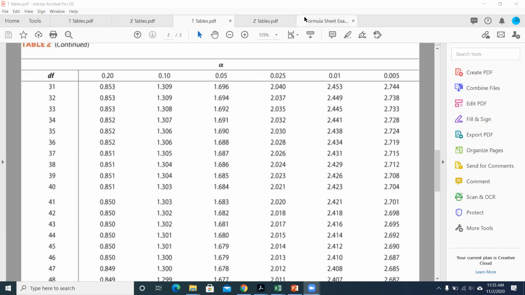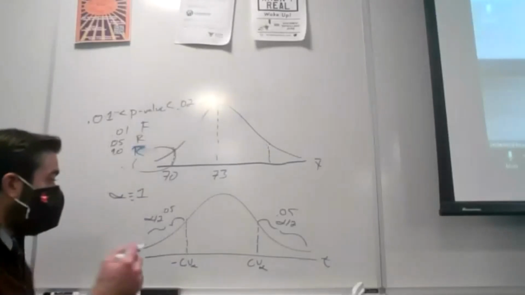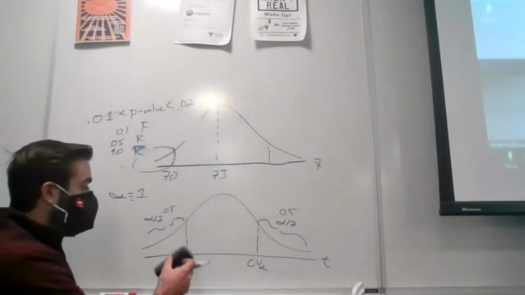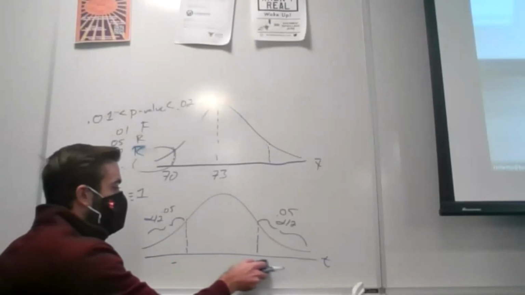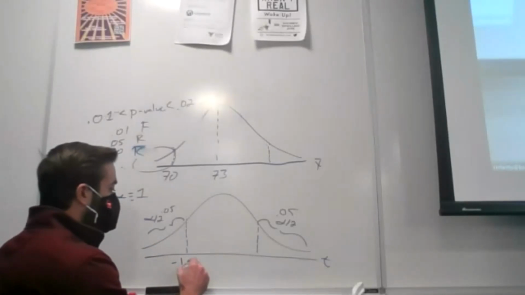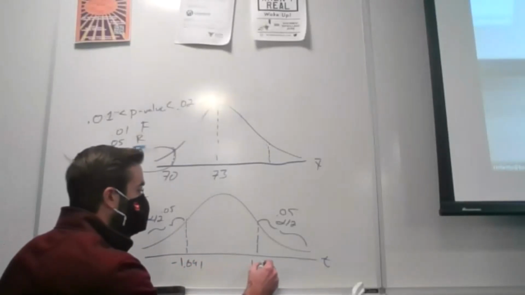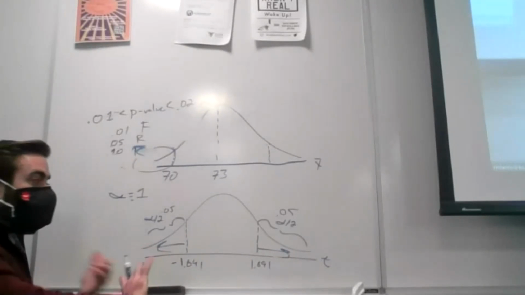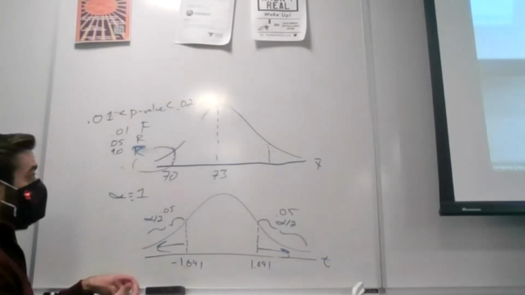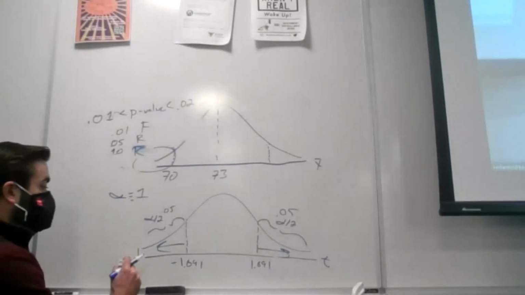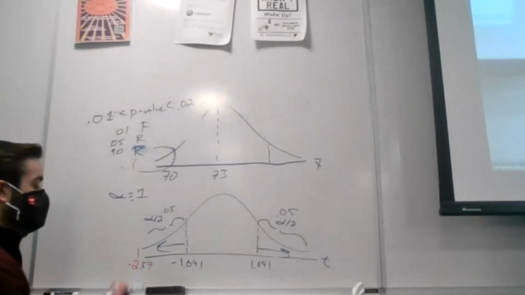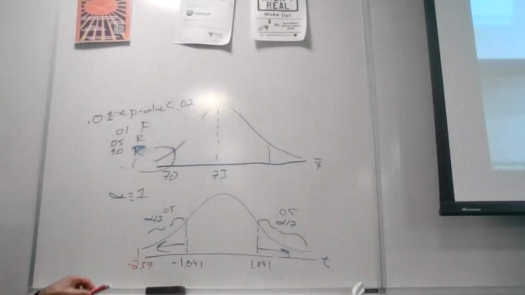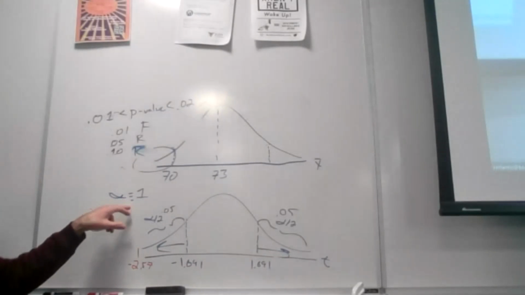But remember, if we drew this out as a two-tailed test, we have two critical values, so negative 1.691 and positive 1.691. Here are our rejection regions, drawing those arrows into the tail. If I then plot my test statistic of negative 2.57, I can clearly see that's in my rejection region at the 10% significance level.